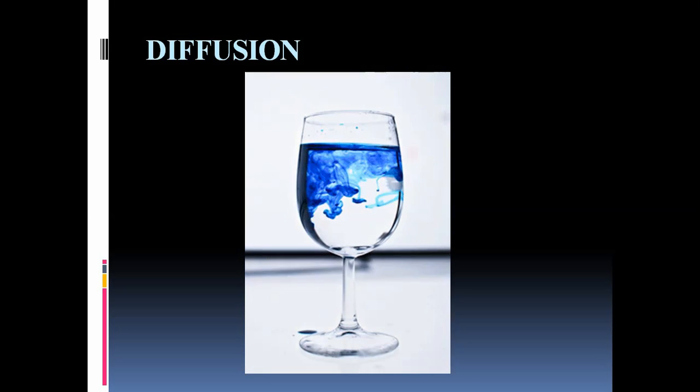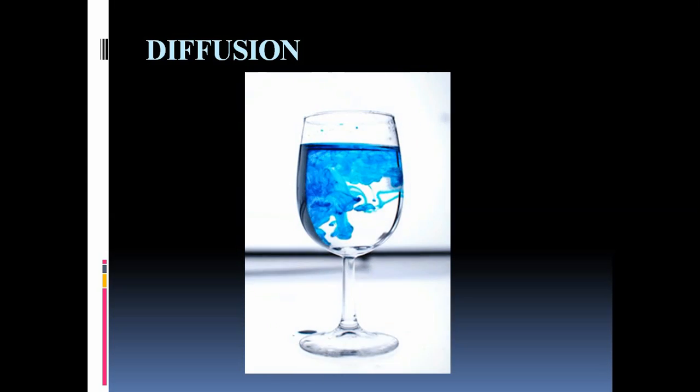Here you can see in the picture a glass holding a solvent, water, and a soluble dye is poured at one corner of the water. Now we see the soluble dye is easily getting diffused throughout the water.